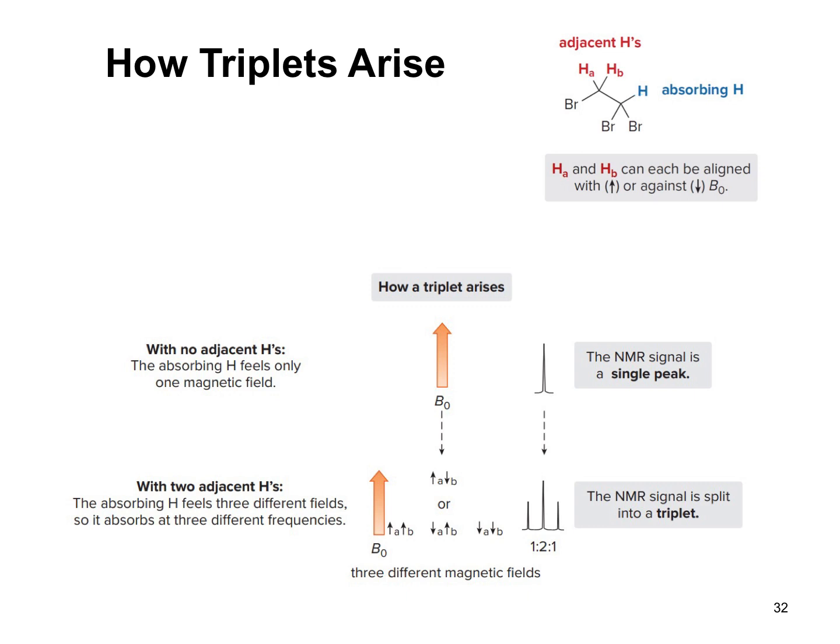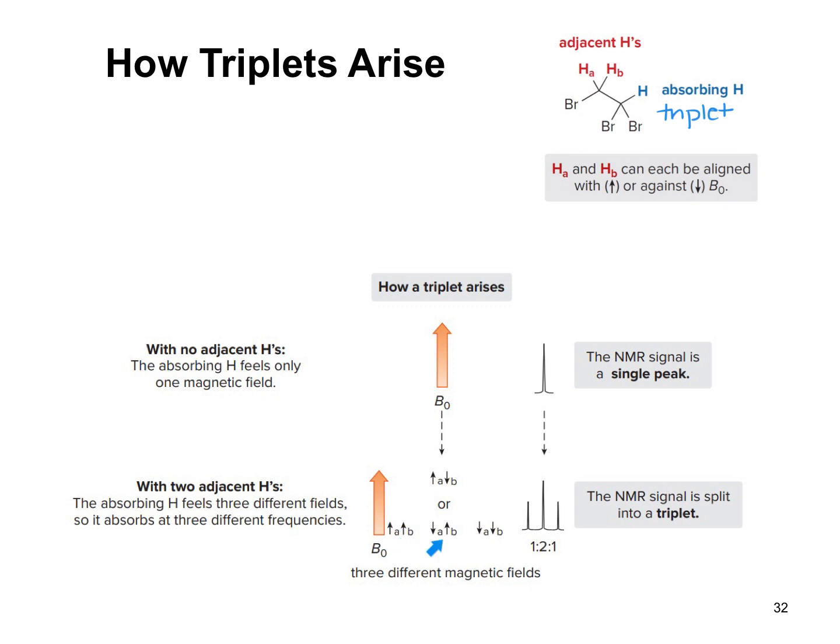Okay, so that we're going to call our absorbing proton, and it gives us a triplet. So when it's placed in a magnetic field, the adjacent protons here, which are labeled A and B, can be both aligned with, right?